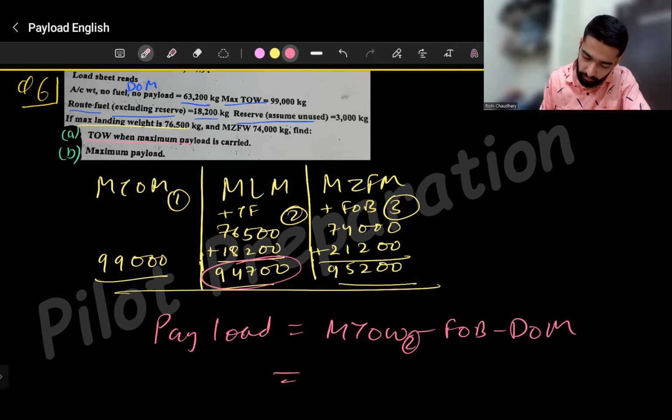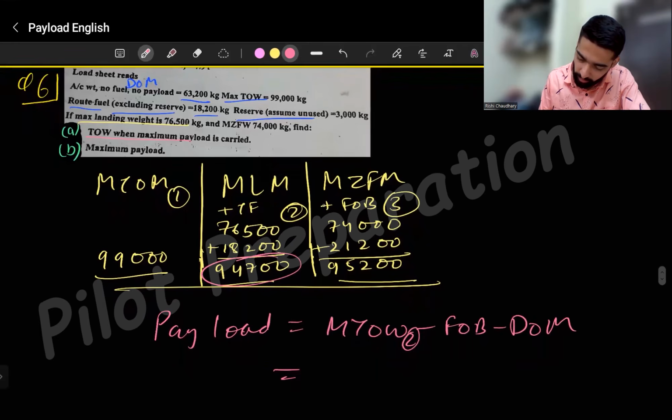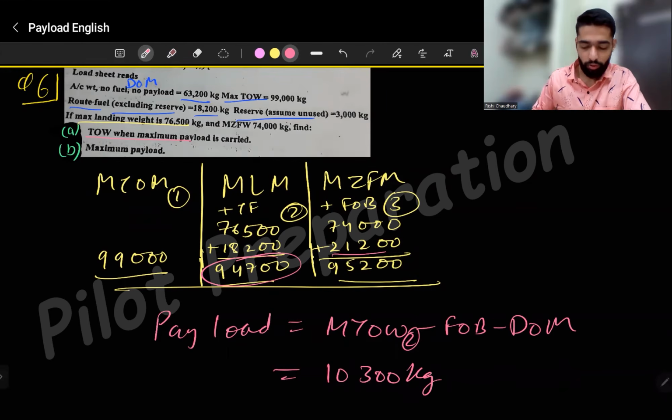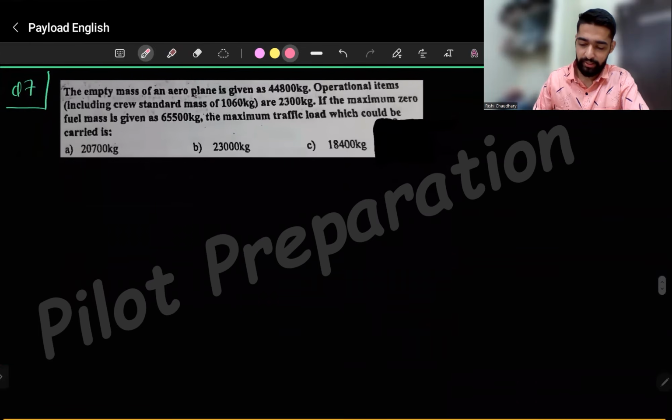FOB, fuel on board, is how much? 21,200. Minus DOM. DOM is how much? DOM is 63,200. So this comes out to be 10,300 kg. So I'm done with the sixth question, and that was a very easy one again.